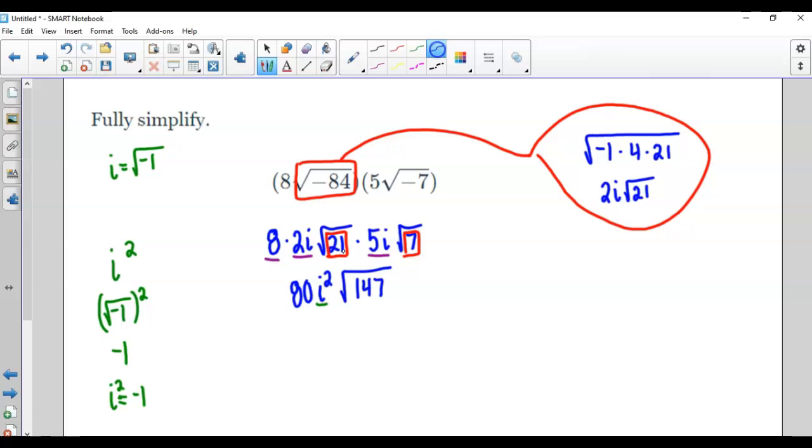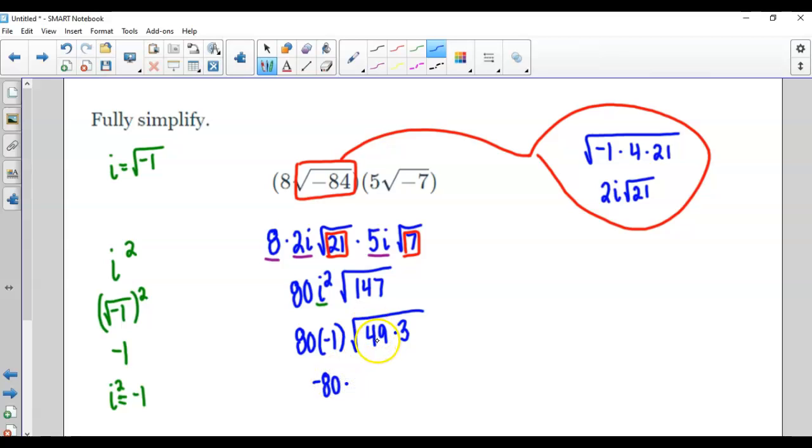So what we have here is we've got 80 times -1. And then 147 is going to break down for us. I believe that's divisible by 49. And sometimes you got to play around with these numbers a little bit. They might not pop up to you quite as quickly. But 49 times 3 does give you 147. And so 80 times -1, of course, is -80.